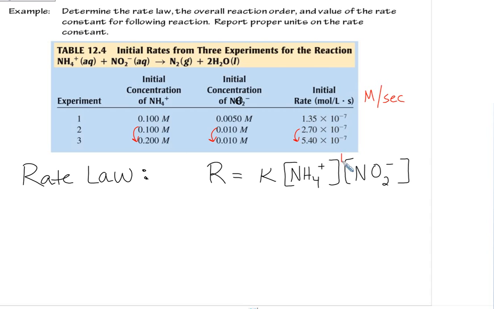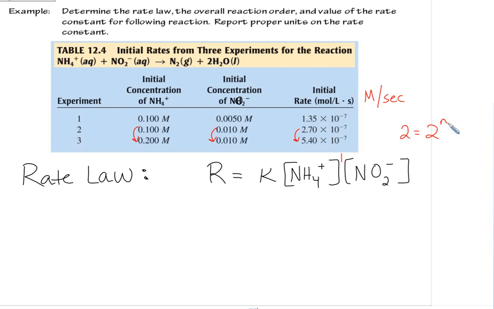If you wanted to algebraically solve for that value of the exponent, you would take those two trials of data, plug the data into the rate expressions, and compare them. It would simplify down to something like 2 equals 2 to the nth power. I doubled the rate, I doubled the concentration of ammonium. Nitrite stayed the same, so it cancels out, along with the constant.